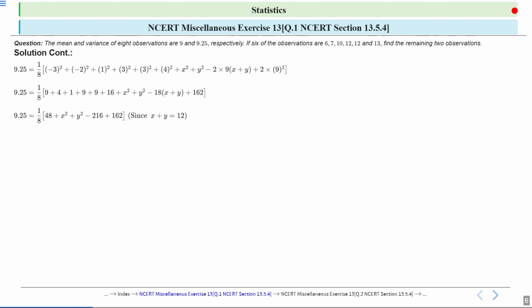So the equation is now 9.25 equal to 1 divided by 8 times (48 plus x squared plus y squared minus 216 plus 162), since x plus y is 12.